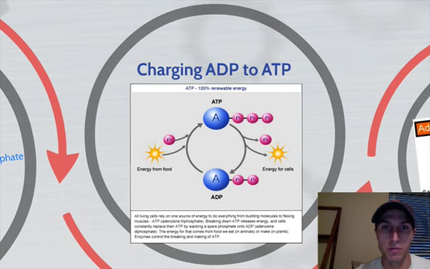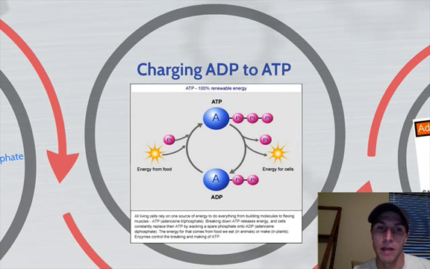So how does this work? Changing ADP to ATP happens in the membrane of the mitochondria. We'll talk about it when we talk about cell respiration in about a week, but this is a good working model for right now. So we have ADP here on the bottom.